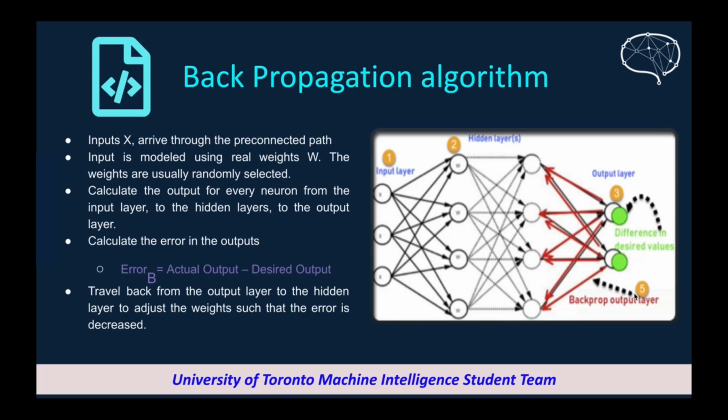When you calculate the actual output minus the desired output, we get to know how much difference there has been, and accordingly it will travel back from the output layer to the hidden layer to adjust the weights such that the error is decreased, and then finally the new output that we get is similar to the output we actually want.